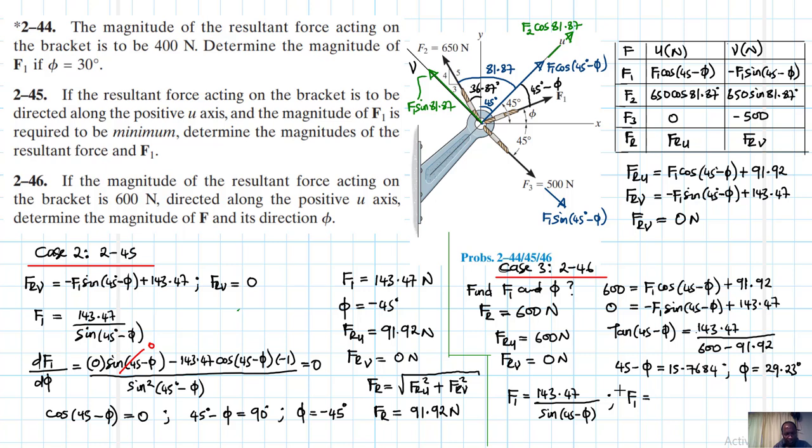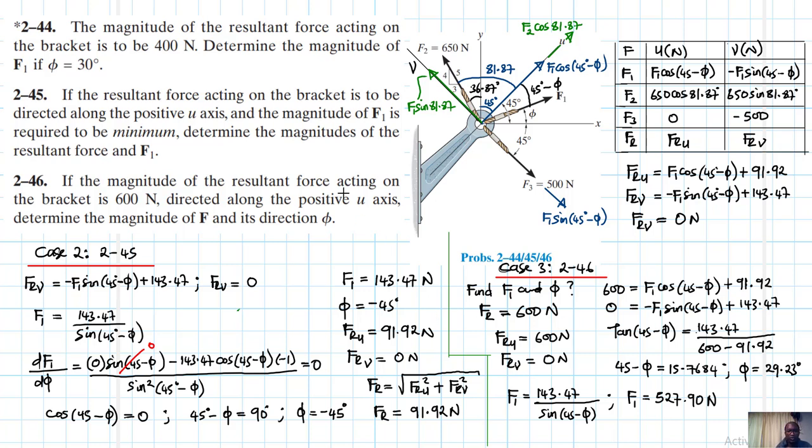So we'll say sine(45 minus 29.23), and then 143.47 divided by that answer. F1, we get 527.90 newtons, and we round off. Let me just check it again. 143.47 divided by sine(45 minus 29.23) is 527, of course, round off 90.